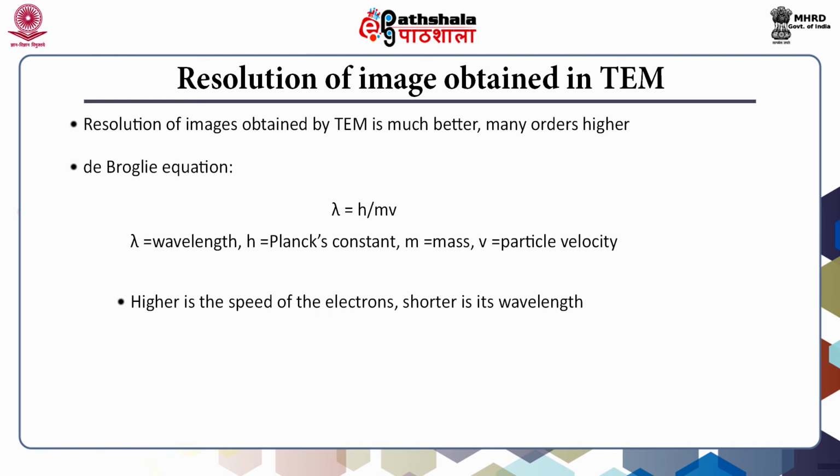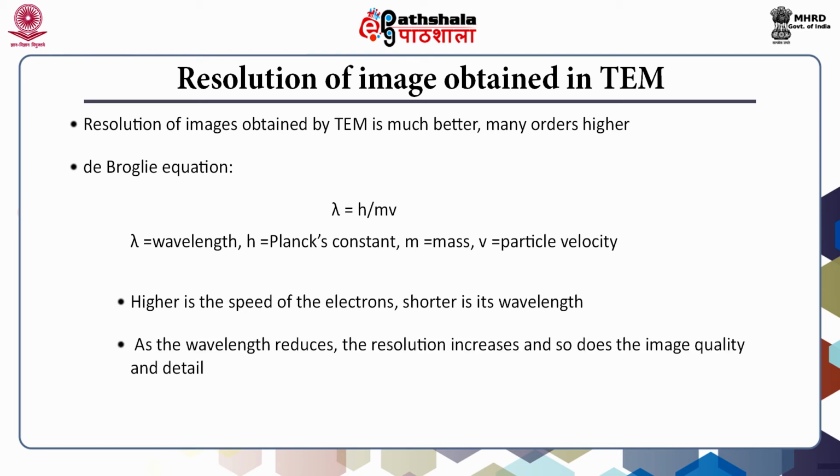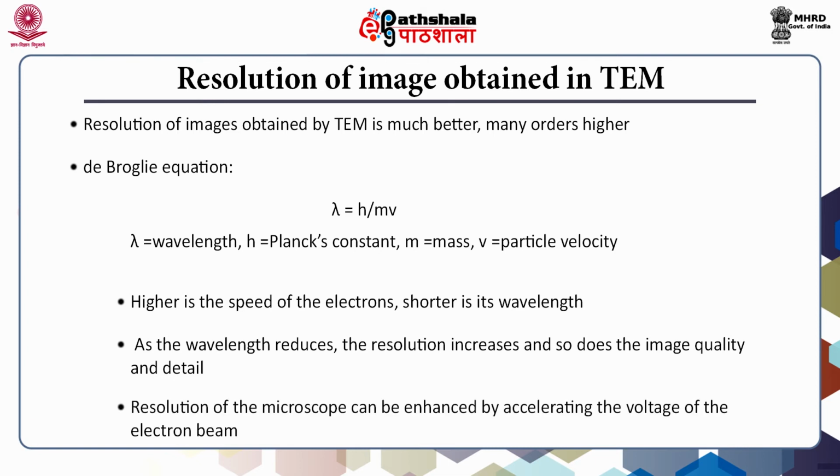Thus, higher is the speed of electrons, shorter is the wavelength. Further, as the wavelength reduces, the resolution increases and so does the image quality. Resolution of the microscope can therefore be enhanced by accelerating the voltage of the electron beam.